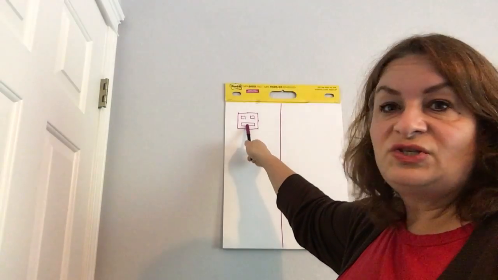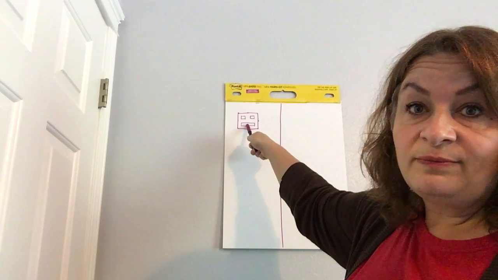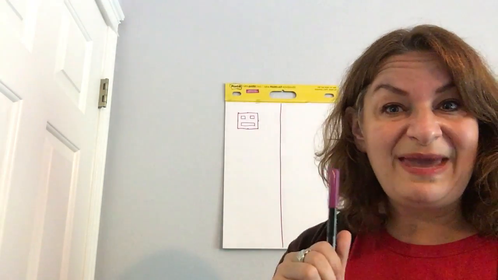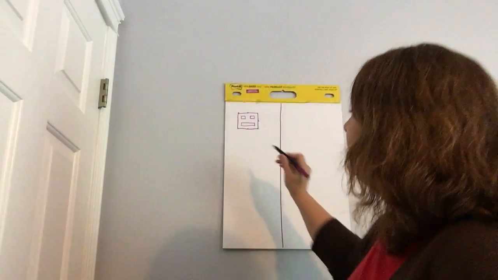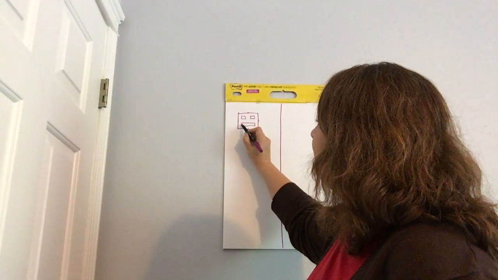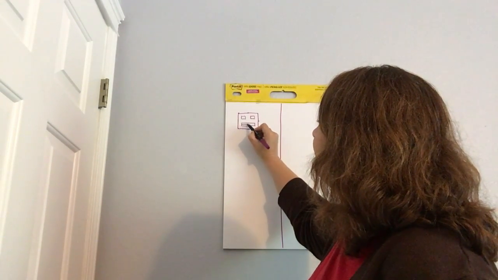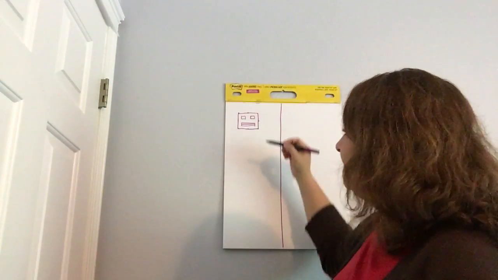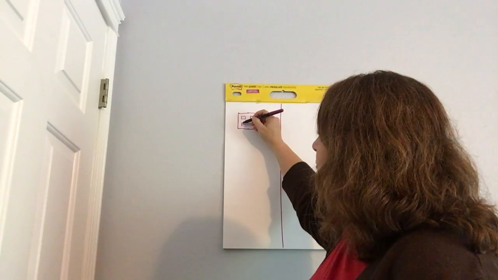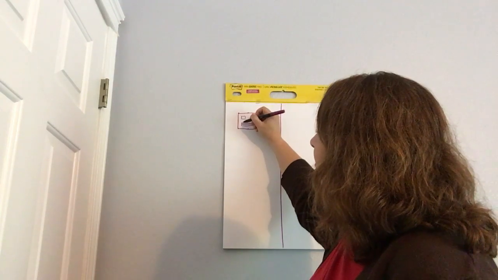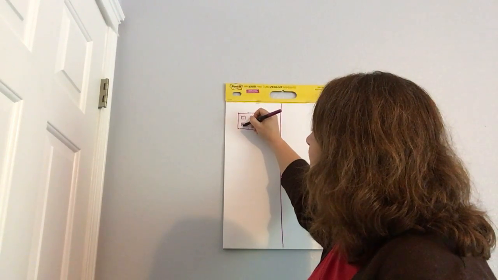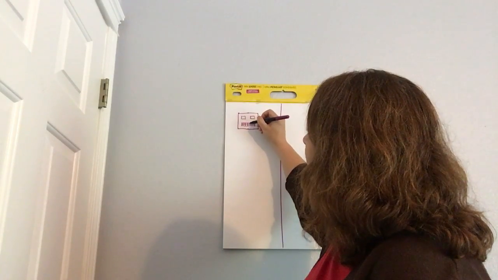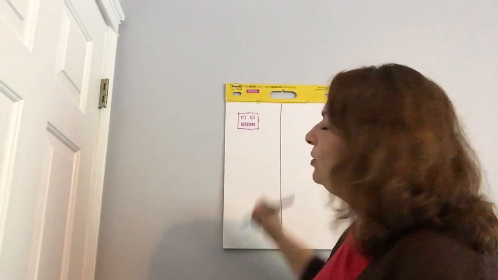If you'd like, you can stop here with his mouth, or you can continue. Do you remember last time how we made teeth? We went to the middle line right here, and we went across. And then we drew vertical lines and spaced them accordingly.